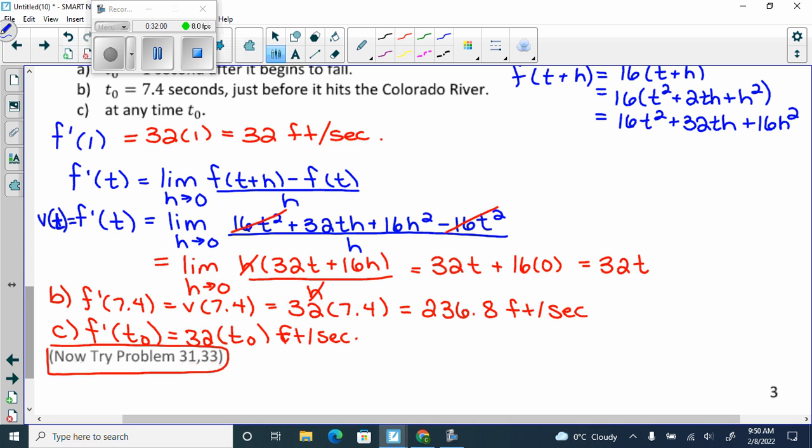So you have 4 problems and 2 AP problems. The problems are 19, 43, 31, 33, and the AP practice are 3 and 7 for tomorrow. I'll put them in your Google Classroom.